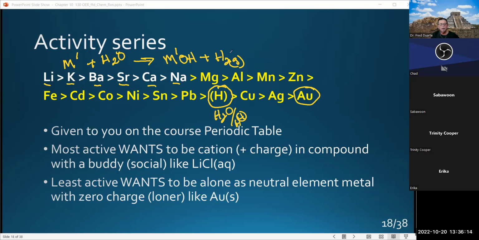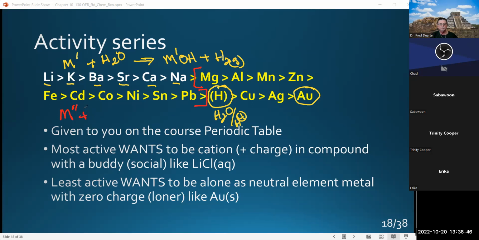Okay. Now, starting from magnesium all the way up to lead. Magnesium is a lot more active than aluminum, a lot more active than manganese, than zinc, etc., until we get to the lead. Those metals, I'm just going to label M double prime. They represent the metals from magnesium to lead.